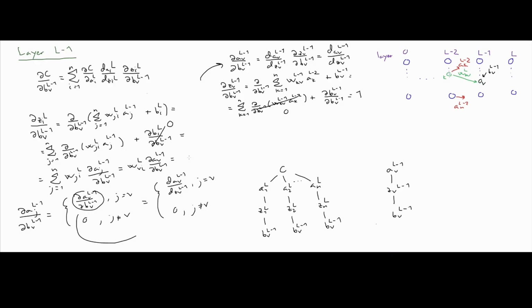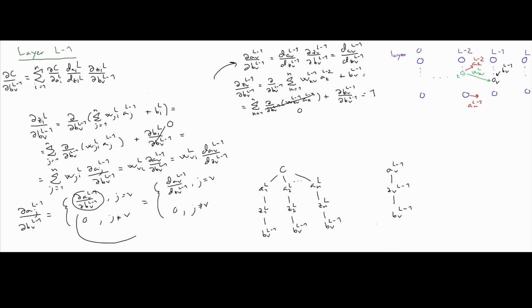So we can write this as, now circling back to our outermost derivative, the partial derivative of the cost function with respect to the bias for neuron V in layer L minus 1 is equal to the sum as I goes from 1 to n of the partial derivative of the cost function with respect to the activation in neuron I in the output layer, multiplied by the derivative of this activation, multiplied by this partial derivative, which we saw is this expression right here.